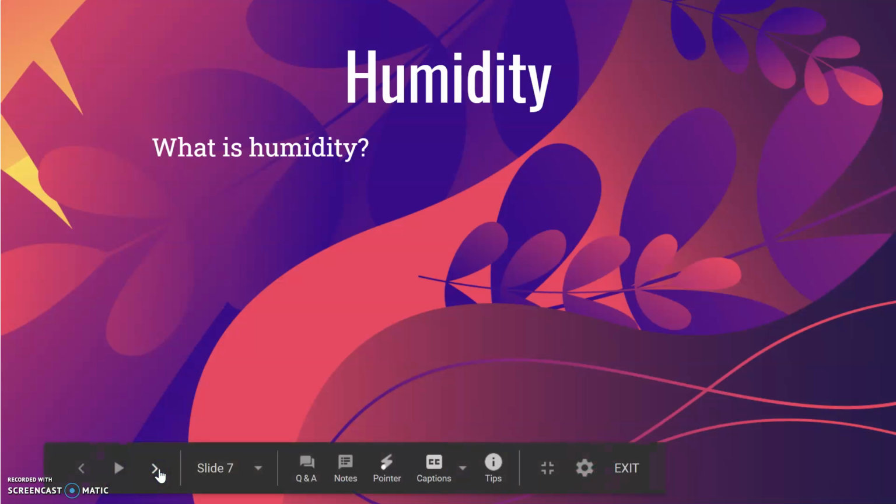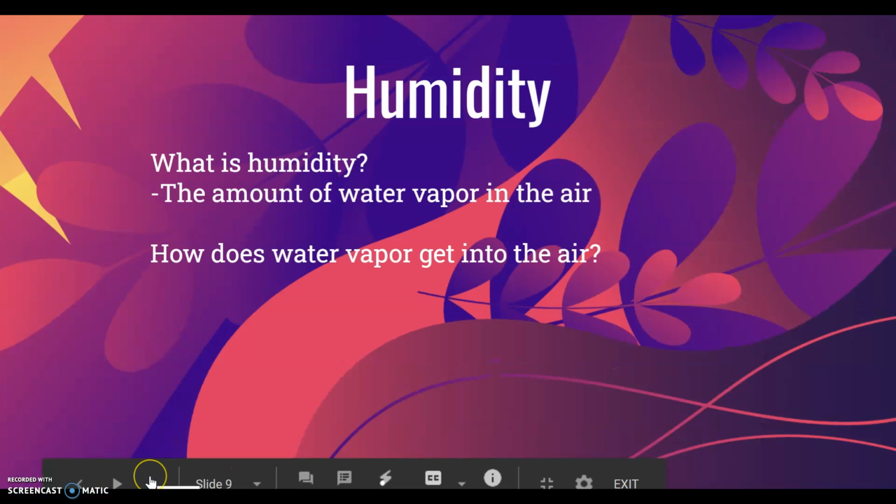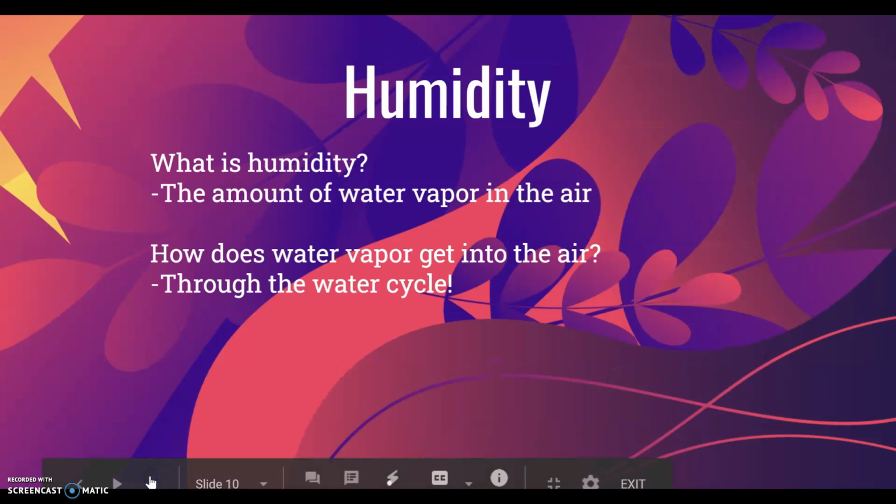So based on what we have worked on this week, we were talking about humidity. So what is humidity? Does anybody recall exactly the definition for it or just a general idea of what it is? So evaporation is a part of the water cycle.